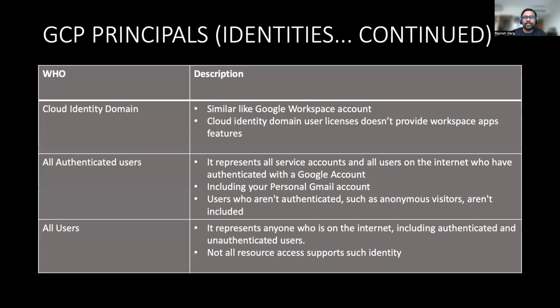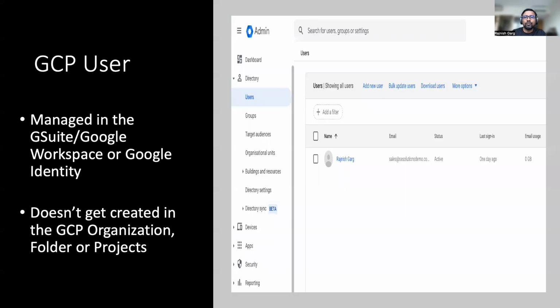Throughout today's video, we will be deep diving a bit more on some of these important principals. First, let's look into GCP users. GCP users are primarily managed in your G Suite, Google Workspace, or Google Identity side of the world. In the screenshot pasted here, you can see I created a user called sales@sesolutionsdemo.com.